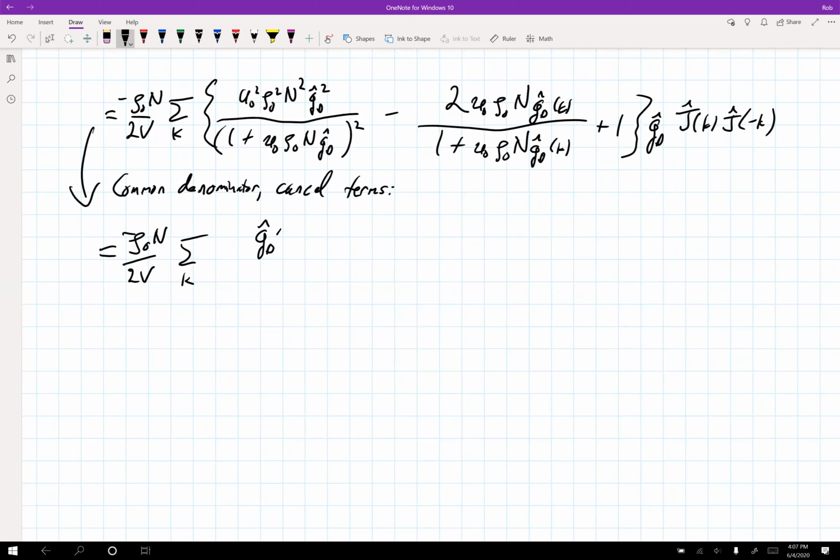You get a lonely divide function in the numerator, and that's the one from out at the right. So basically a 1, after you collect all the common denominators, is the only thing that survives. Then you have 1 plus u naught rho naught n gd hat of k squared, and then j hat of k, j hat of minus k. And again, it's straightforward to work through that algebra. It's just a little bit tedious.